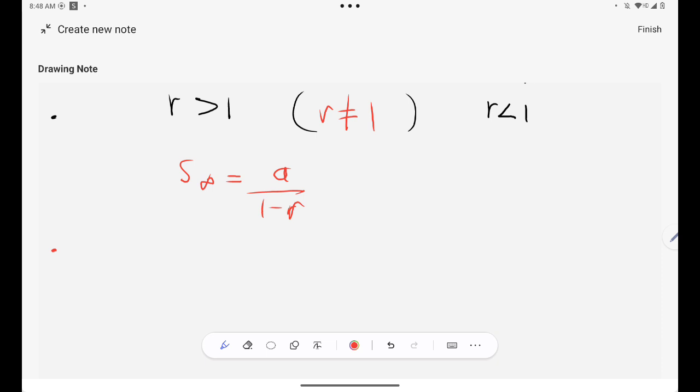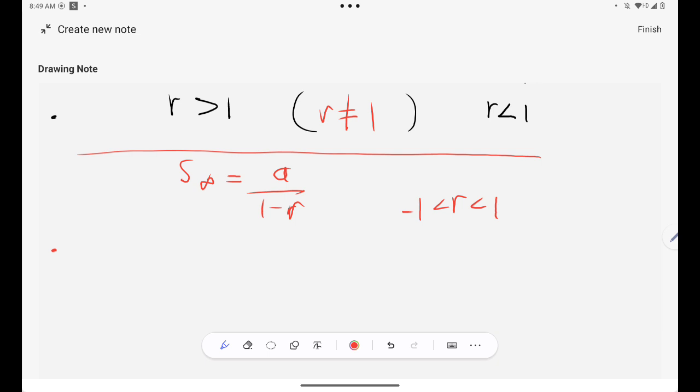Whenever you're dealing with sum to infinity, please note that you only calculate a sum to infinity when our sequence converges. Are you together? When our sequence converges, it simply means that our common ratio is between -1 and 1. For a sequence to converge, it means that as you keep counting the sum of the terms, the value does not change.